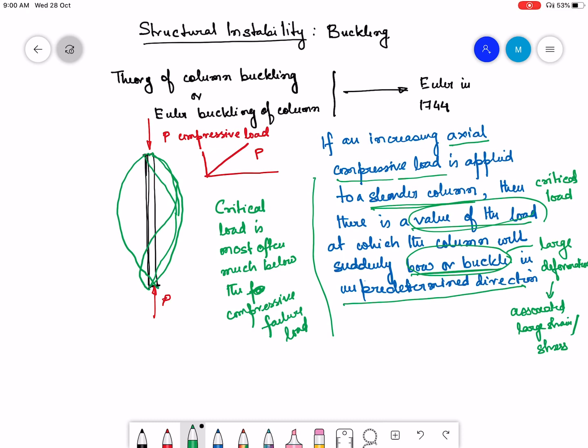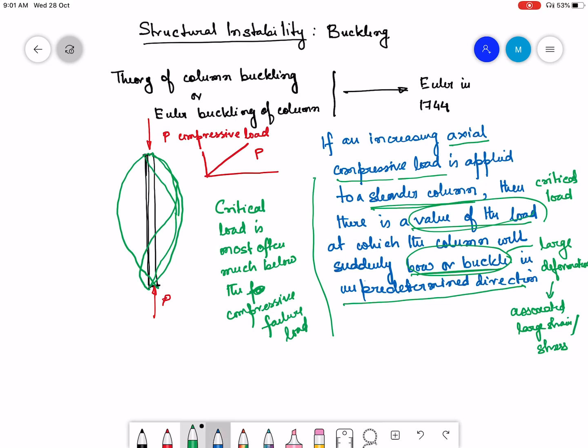This large deflection gives rise to large strain and thereby large stress, and it's going to fail at a load we call the critical load, which is much below the actual compressive failure load. So this, in a very layman's way, is what is meant by buckling.